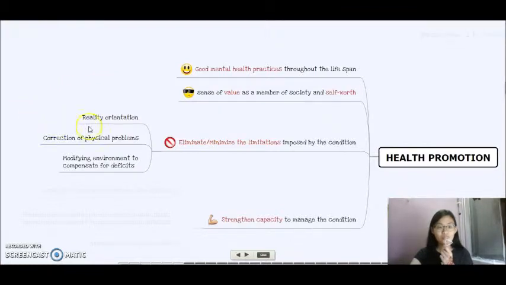We should introduce the reality orientations, make some correction of physical problem, and modify the environment to compensate for deficit, so that the elderly can feel much more comfortable with their conditions and their environment. The last one is strengthen capacity to manage the condition.